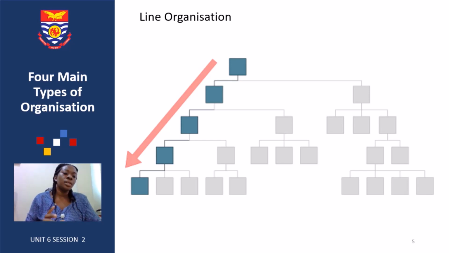The line organization, which is sometimes called the scalar organization, the military organization or the vertical organization, has a clear line of reporting.